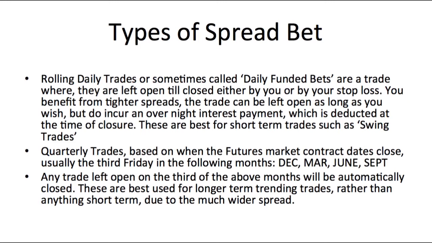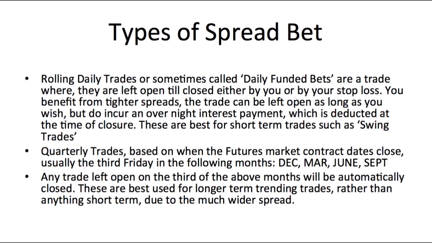If you're looking at something that is more of a trend, then you would use quarterly trades, which are based on the futures market contract dates, which close usually on the third Friday of December, March, June and September. Now these will stay open until the third Friday of those months, whichever one you're choosing to trade.